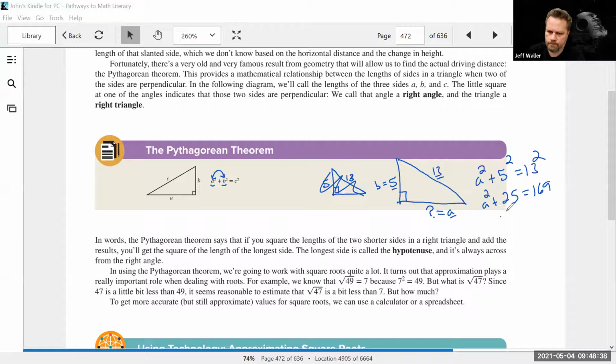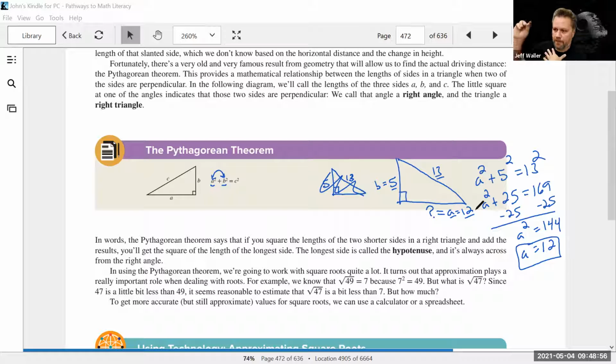Subtract 25. And this is something you should know: what's A if A squared is 144? 12. So now we have a 5, 12, 13 triangle. There are certain triangles where the sides are whole numbers, but there are a lot more triangles where the sides are gross, like the square root of 29.